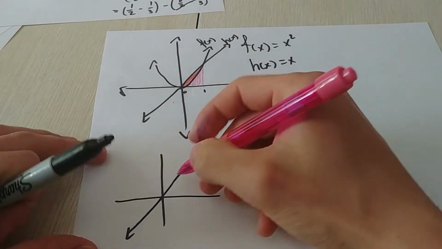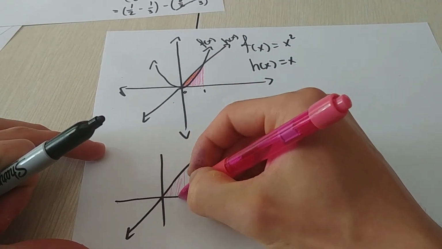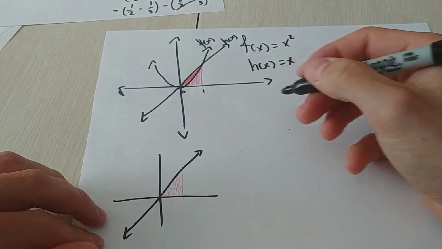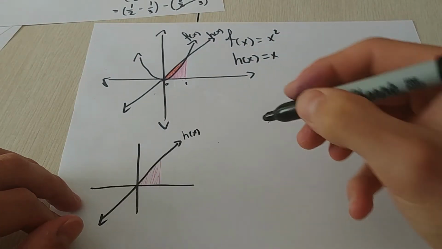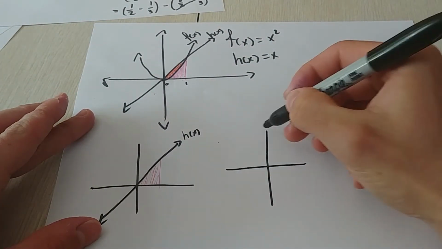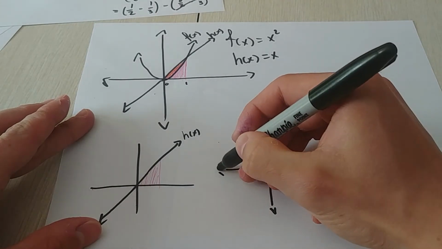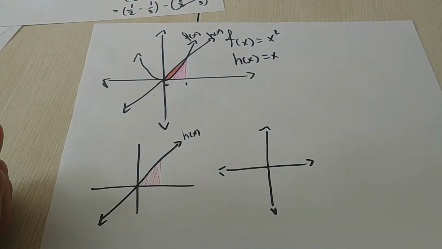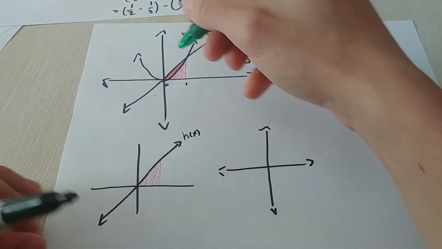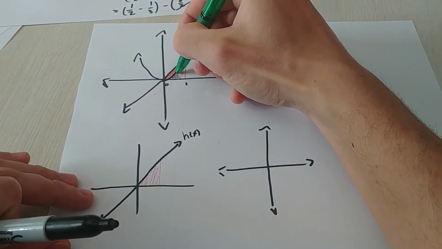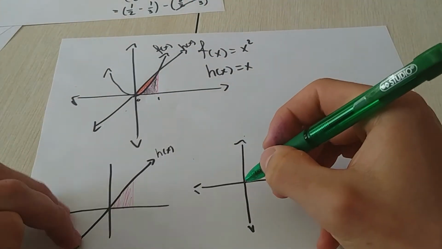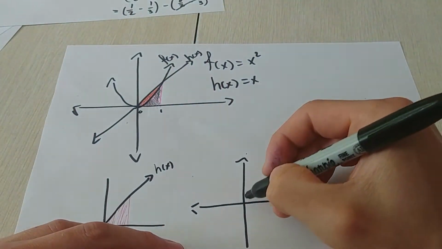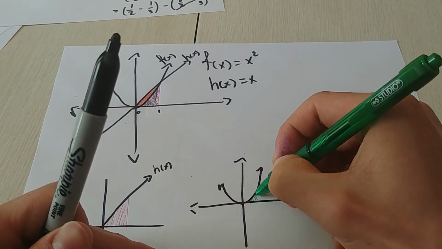This is that pink thing that I wanted to draw of h of x. And then you also have the area underneath the curve of f of x. It's harder to see because I kind of screwed up the drawing, but it's this guy right here.